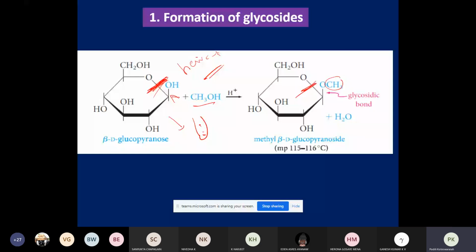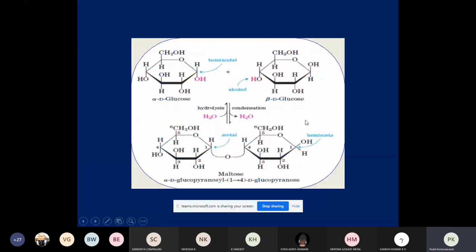Therefore, glycosides don't exhibit mutarotation at all, because in order to exhibit mutarotation, one anomer has to be converted into another anomer through the open chain form. In order to do that, ring opening and ring closure should take place. But in the case of glycosides, ring opening is not possible because they don't have the free anomeric carbon. So glycosides generally cannot exhibit mutarotation. And this is about the glycosides.